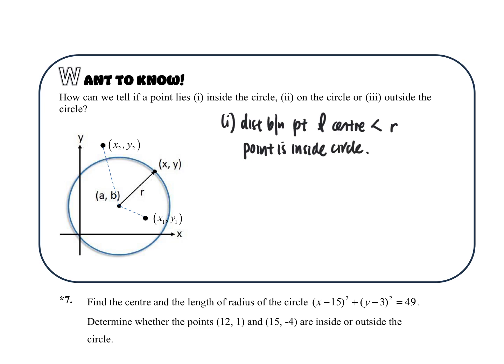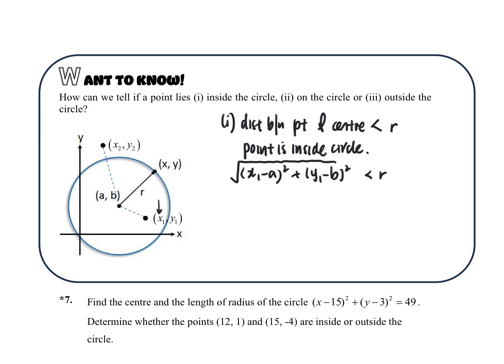Okay, so for instance, the point that is inside circle is this one, right? So if you go and find the distance between these 2 points, okay, and then you take a square root, you will prove that it's less than r. Therefore, it's inside the circle.